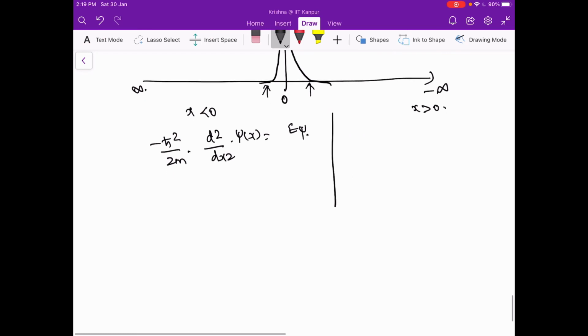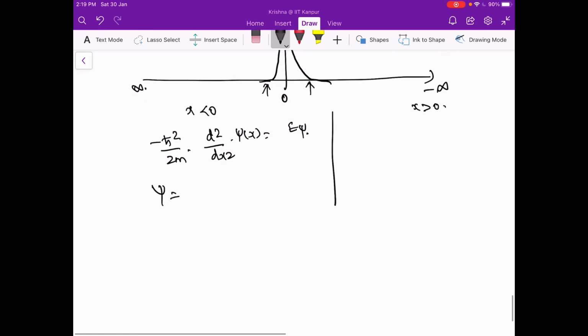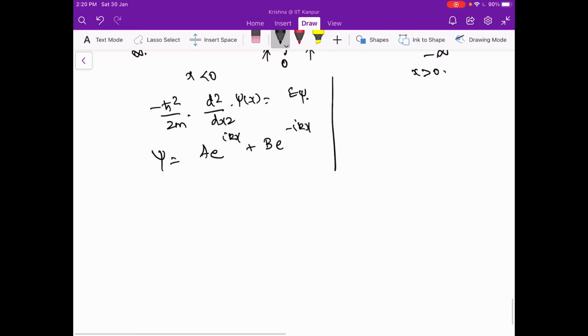So the solutions here can be written as a e power ikx plus b e power minus ikx. Obviously the solutions have to be oscillatory, because as V tends to 0, you can always have energies greater than V. And k will be root 2mE by h bar.